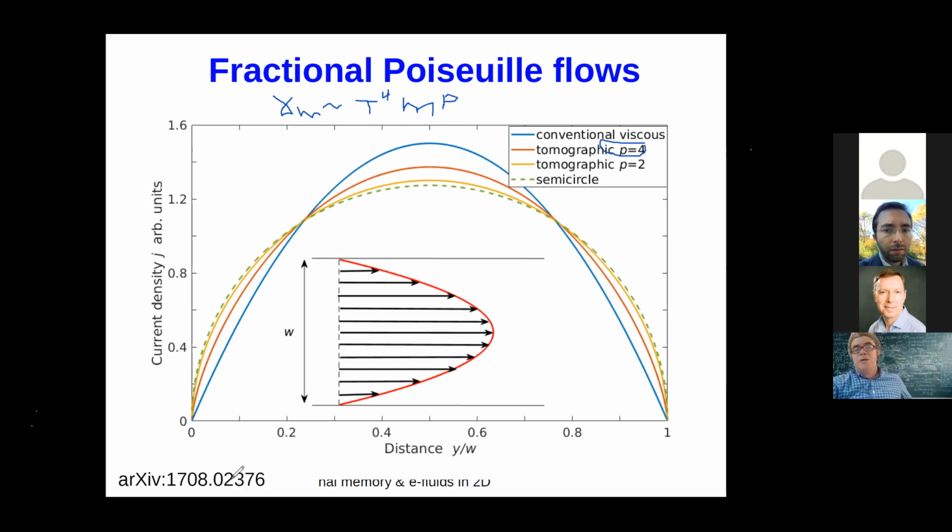The blue curve is the Poiseuille parabola, the yellow curve is p equal 2, and the red curve is p equal 4. So it's somewhere in between a semicircle and Poiseuille.